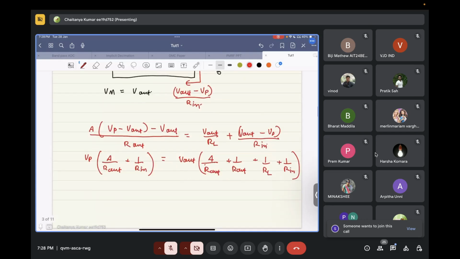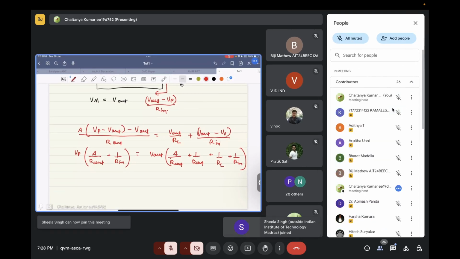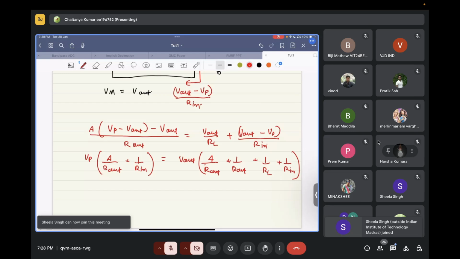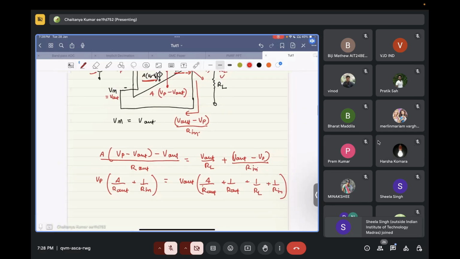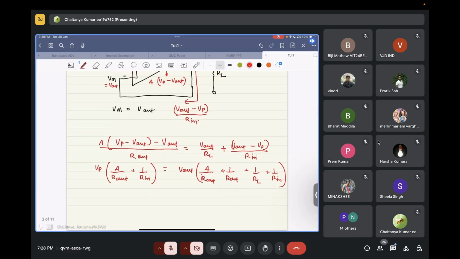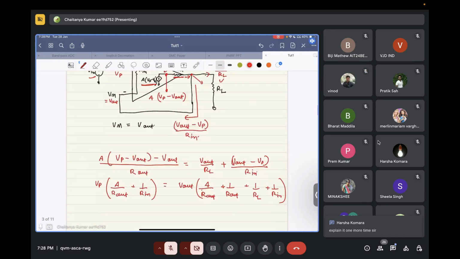Okay. Does this equation make sense to all of you? Any doubt till this point? No, sir. Okay. We have a relation between Vp and V out.